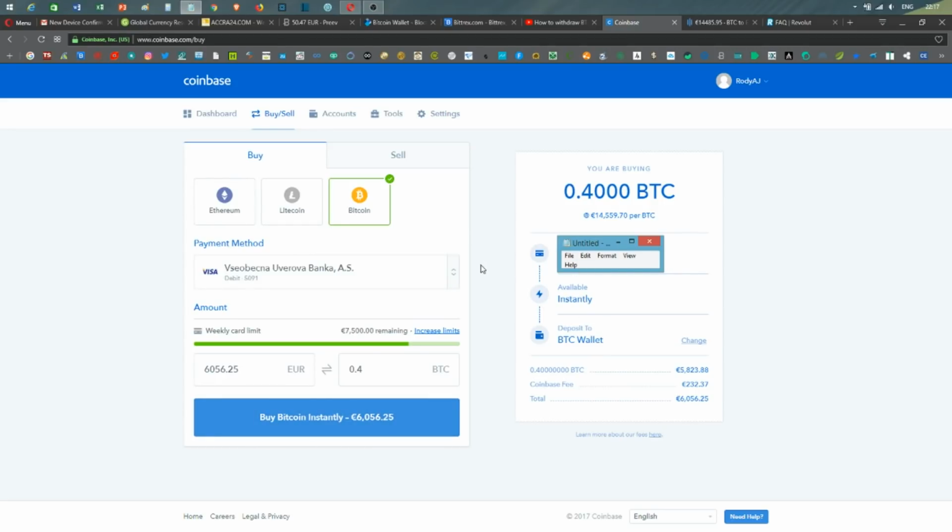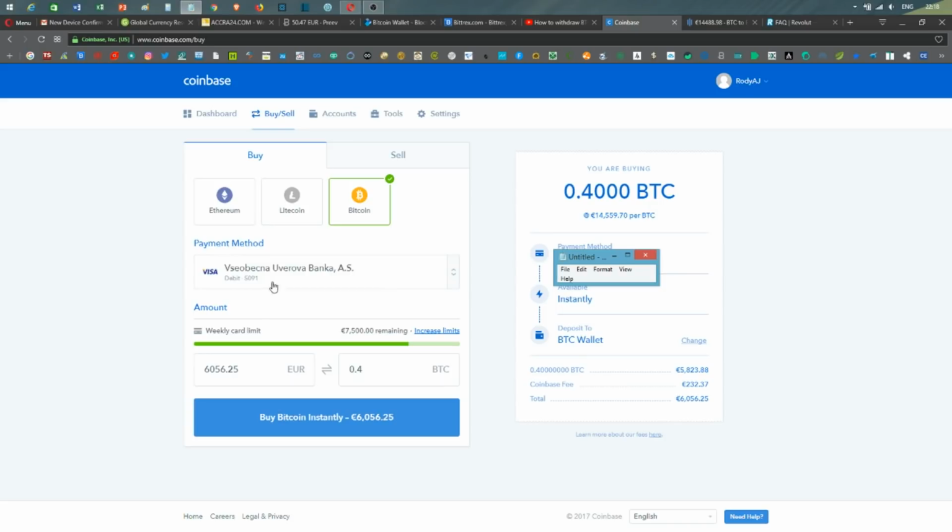What is important is that doing this actually earns you a lot of fees, so it's better to have a better way of doing this, and that is using the bank transfer. Of course, you can purchase Bitcoin, Litecoin, and Ethereum through your debit or credit card.